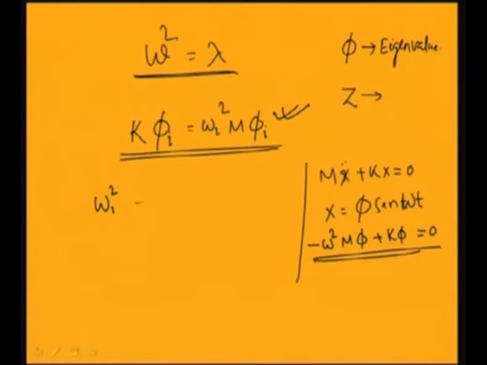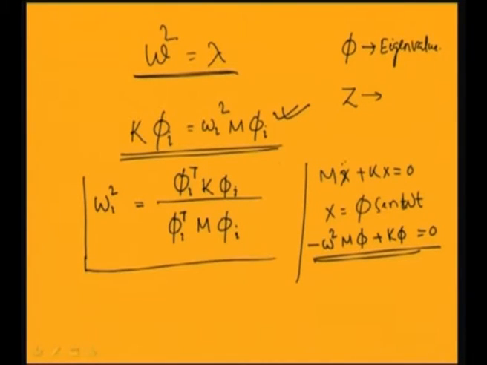By pre-multiplying by phi I transpose and applying the orthogonality principle, omega I square will be equal to phi I transpose k phi I divided by phi I transpose m phi I. So, here phi I is the exact eigenvector of the system.